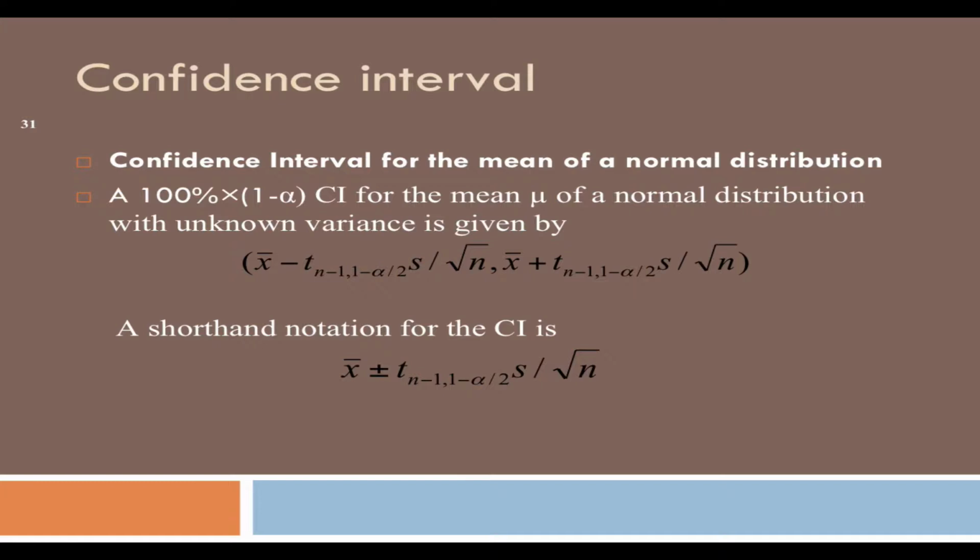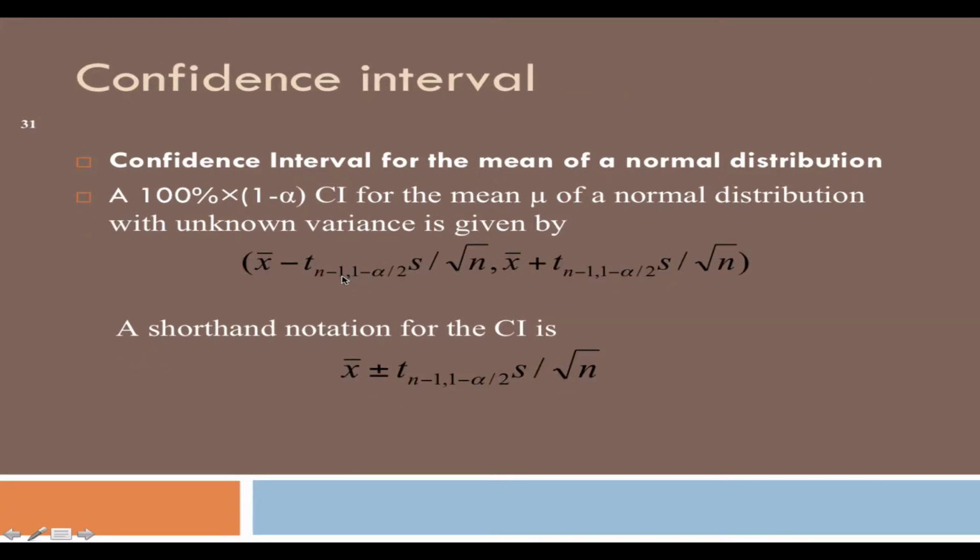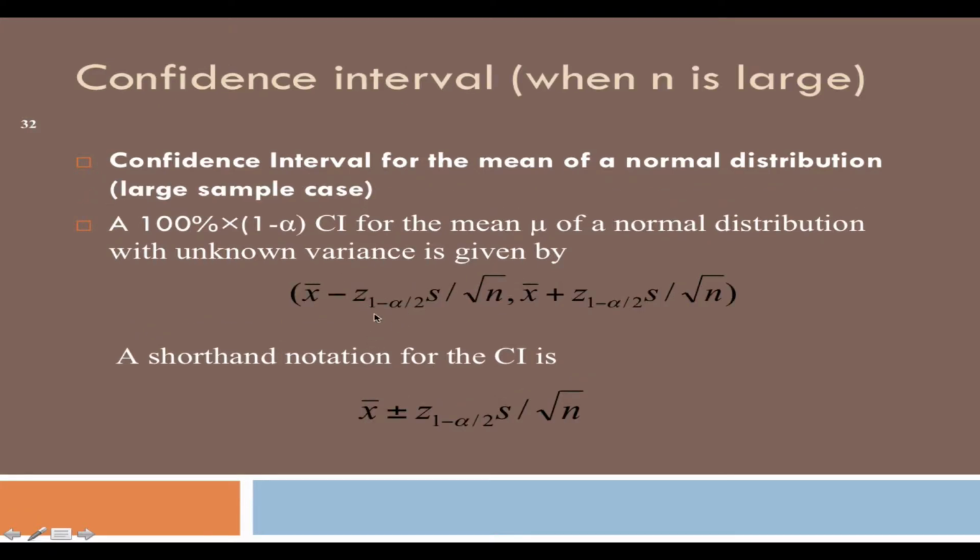The confidence interval for the mean of a normal distribution, or the mean of a continuous variable, is x bar minus this term and x bar plus this term. The confidence interval for large samples is the same case. The only difference is that when n is large enough, this t quantile can be replaced by the z quantile.